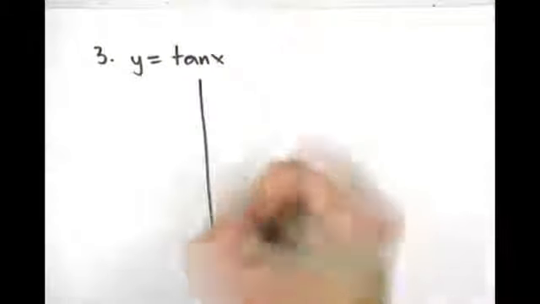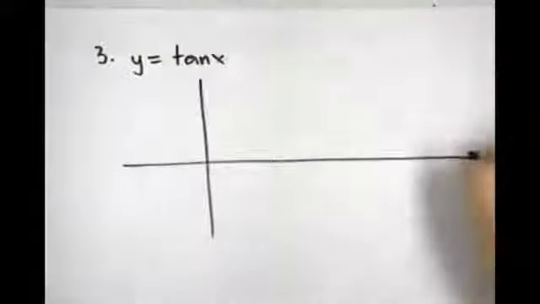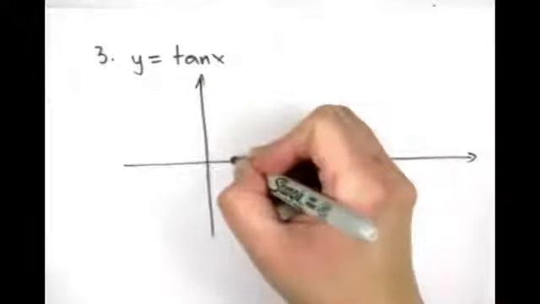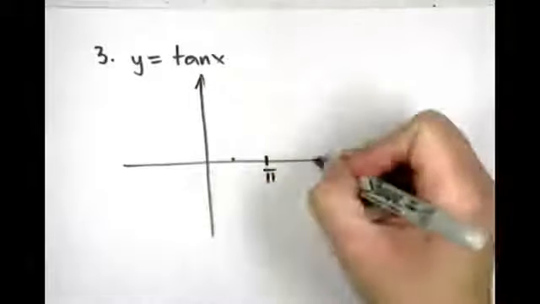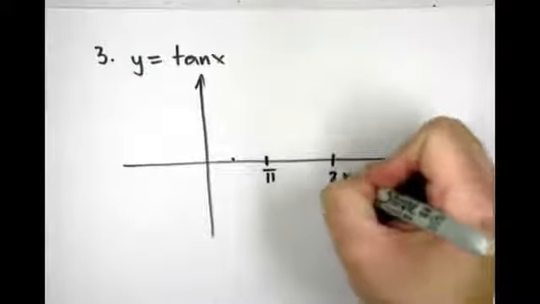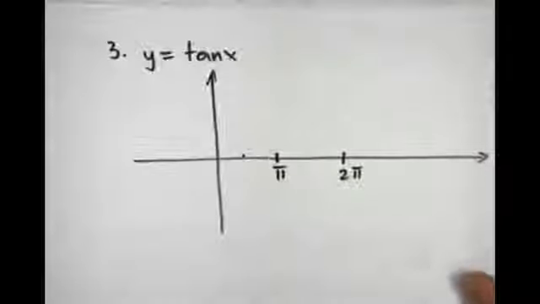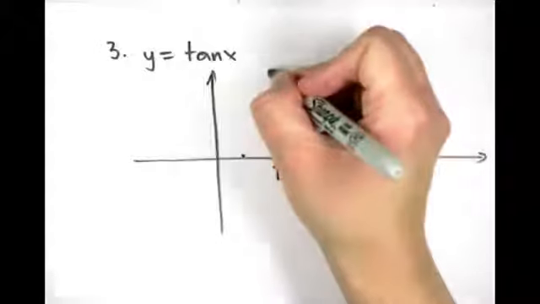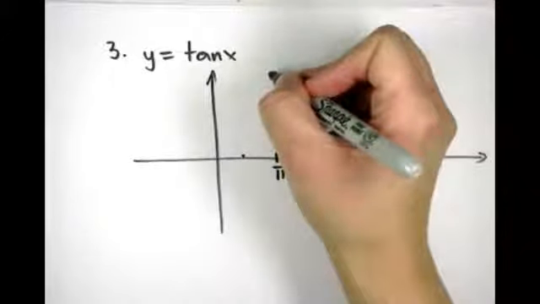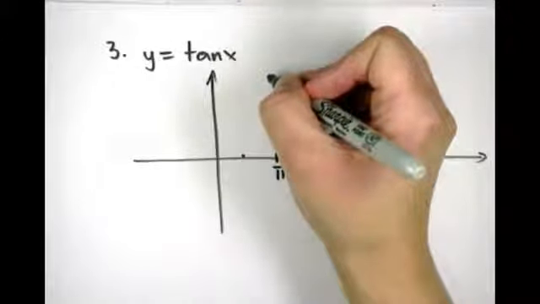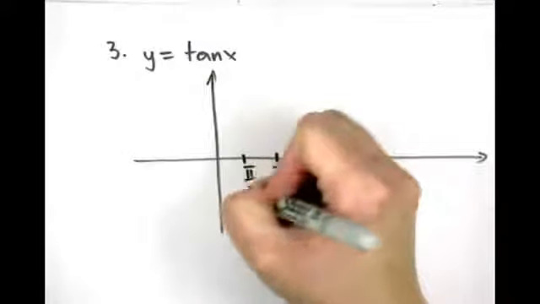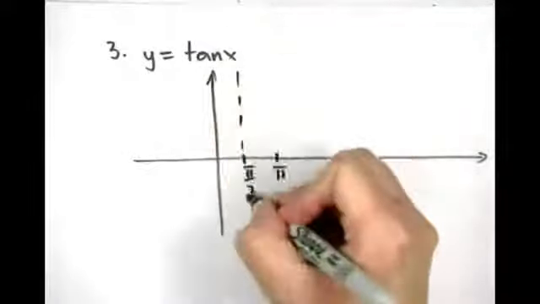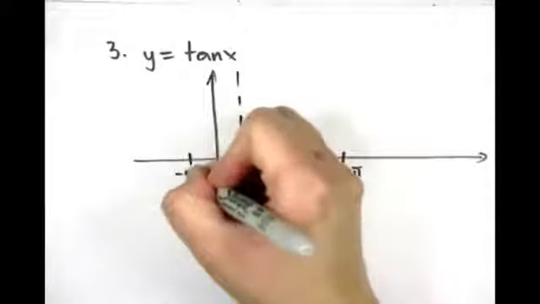So the graph looks like this, has asymptotes at pi, 2 pi, 3 pi. So the graph of the tangent function has asymptotes at half pi, pi over 2. Asymptote at half pi, minus pi over 2.